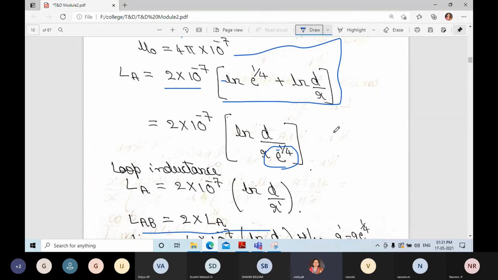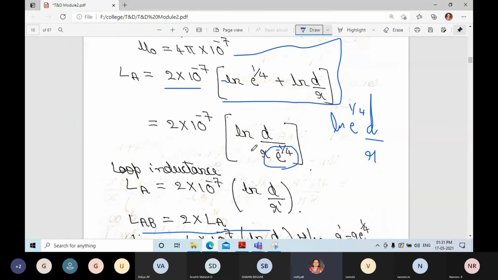So what you will get is ln e to the power of 1 by 4 into d by r. But they have written it in terms of, as you can observe here, just e to the power of 1 by 4 taken downside. So you will get e to the power of minus 1 by 4.